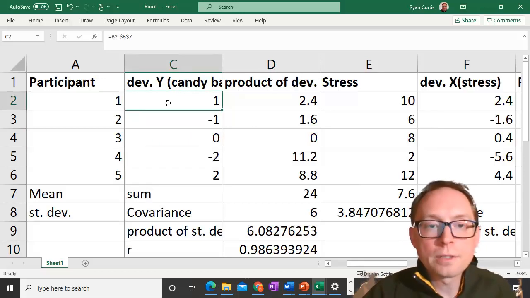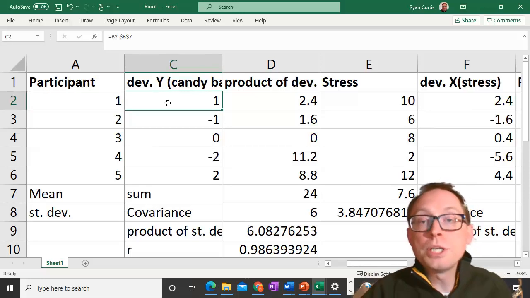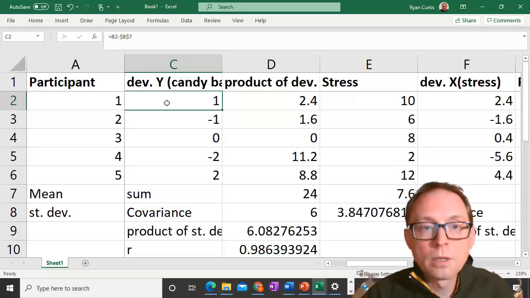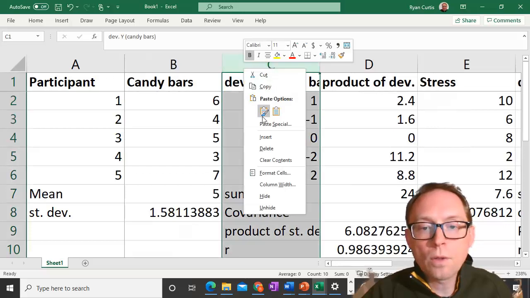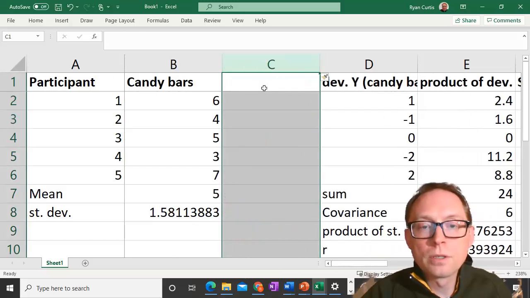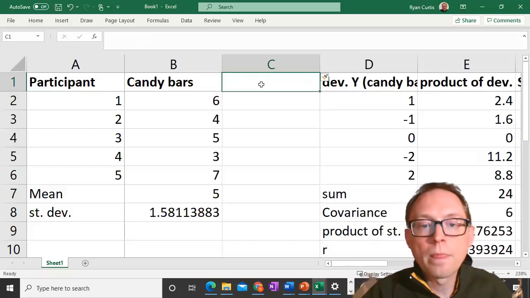Now, remember, a z-score is the deviation divided by the standard deviation. I'm going to go ahead and put that on the left just so that you can see it a little bit better. So these are going to be the z-scores for candy bars.